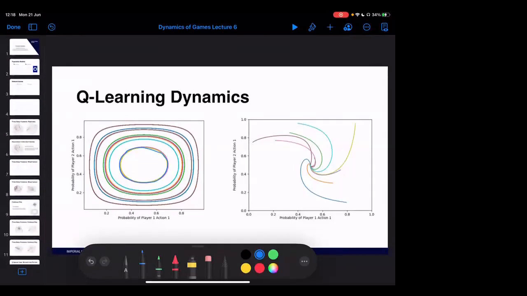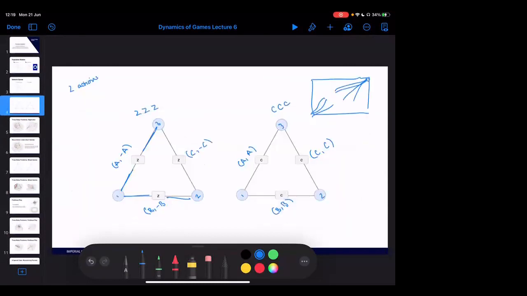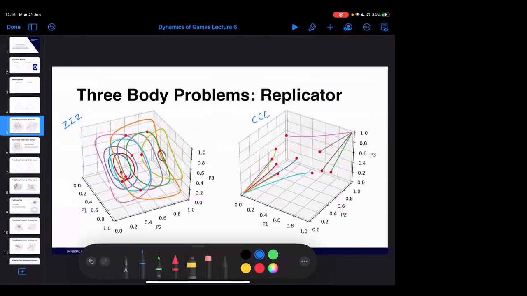Same cycles are going to appear when we couple them together. It's kind of strange because it's not always going to be the case that you take two systems independently, couple them together, and it's going to achieve the exact same set of dynamics. But in this case, it does, right? And the same holds true for the coordination game, where before we had corner convergence, corner equilibria, sorry, and the same behavior occurs for the three-body problem, right?